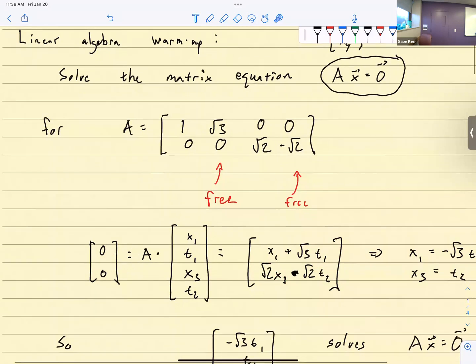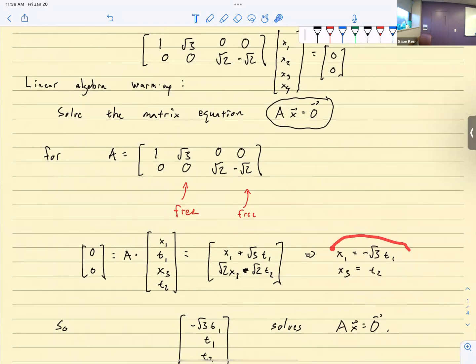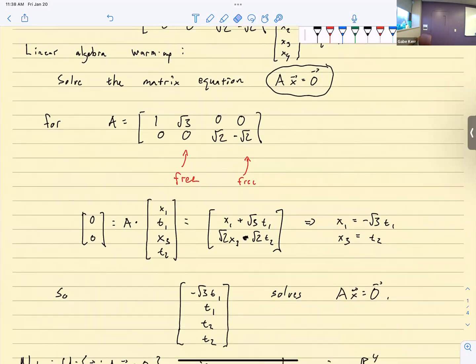I write them down here, and this gives me my solution. When I return to this expression, I can write down the solution here. Now I have a full parametrization of my set of solutions: given any 2 parameters, T1 and T2, I get a solution to this equation.